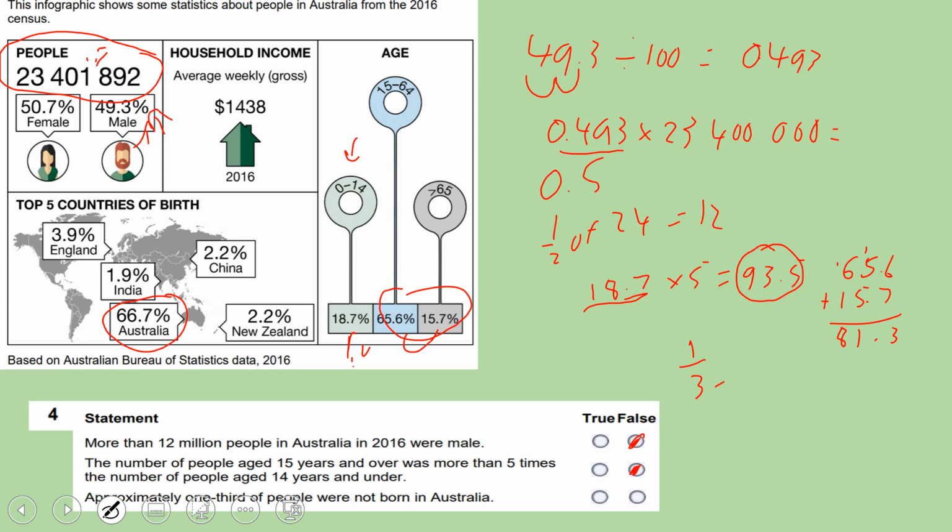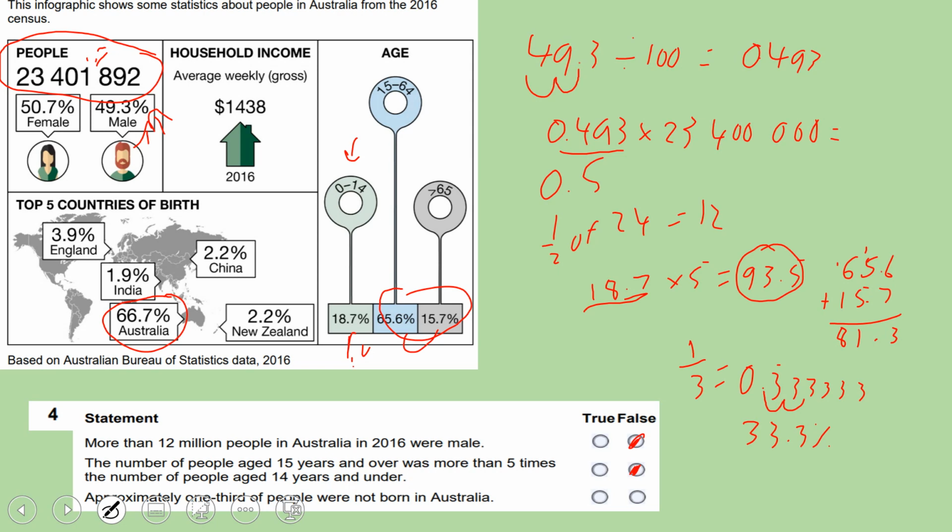If you type this into a calculator, it will give you 3, 3, 3, 3, 3. When you multiply by 100 to make it a percentage, you move the decimal 2 to the right, which means the percentage would be 33.3%. That is what 1/3 is.